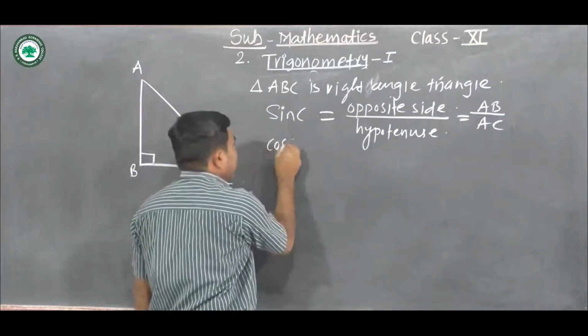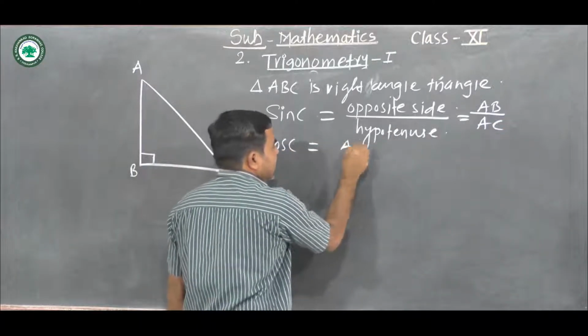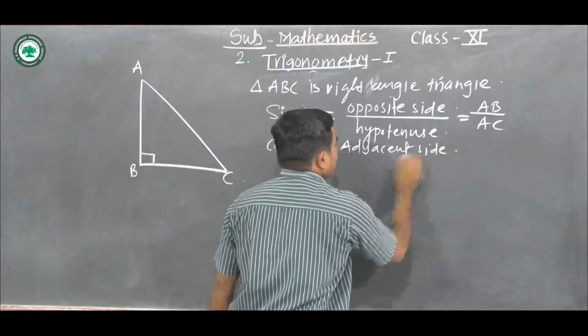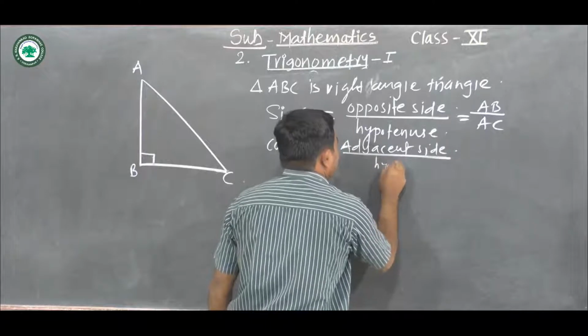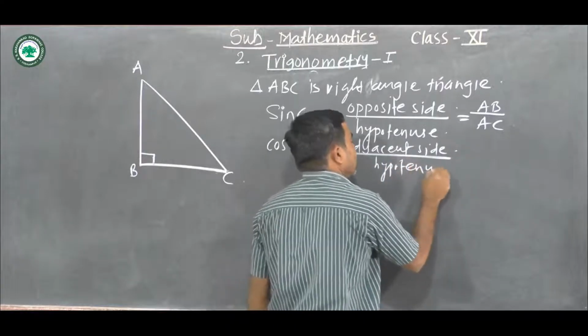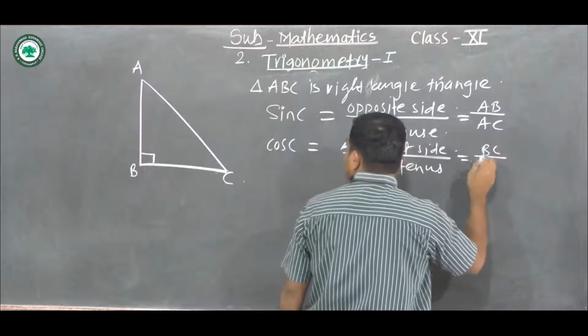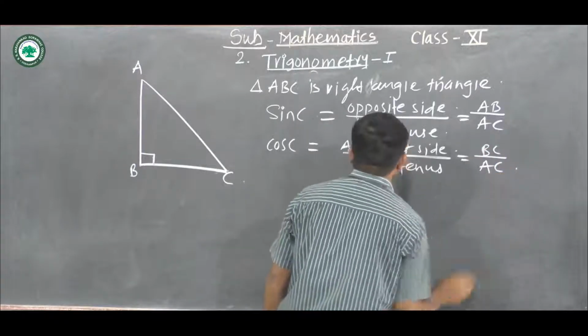So cos of C is equal to adjacent side divided by hypotenuse, and it is equal to adjacent side BC divided by AC.